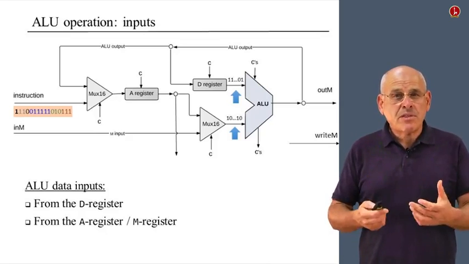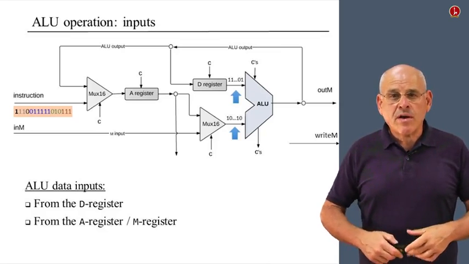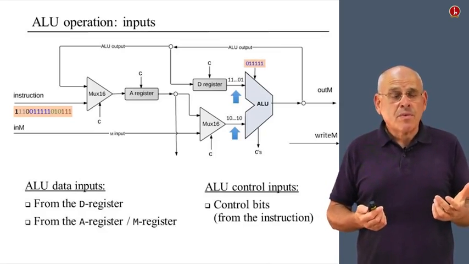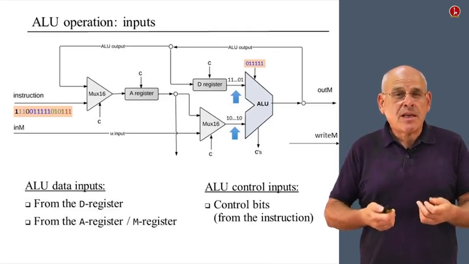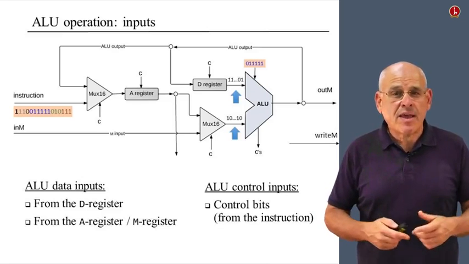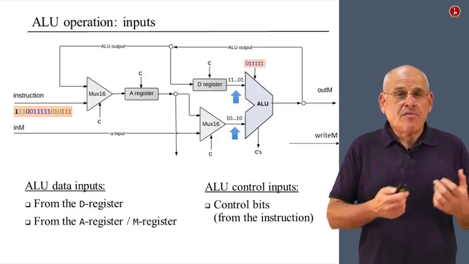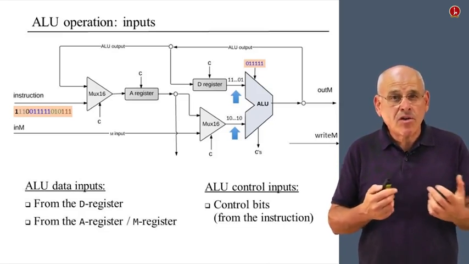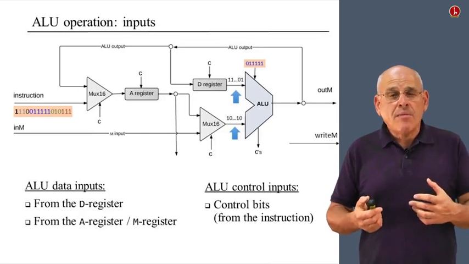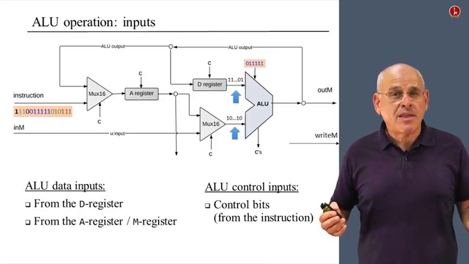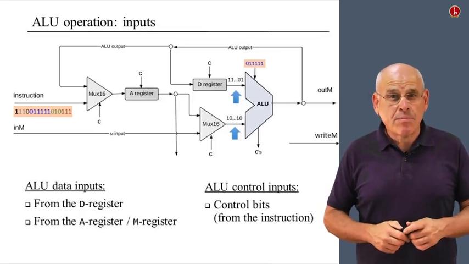So we have the inputs lodged in the input pins of the ALU, and the ALU goes to work, and how does it know what to do? Well, the ALU also has 6 control bits that, taken together, specify to the ALU which operation we want to carry out. Now these bits are taken from the instruction, and I'm using some color coding here to help distinguish which bits go where, but of course these colors are completely meaningless as far as the computer is concerned, and I'm using them only for didactic purposes.